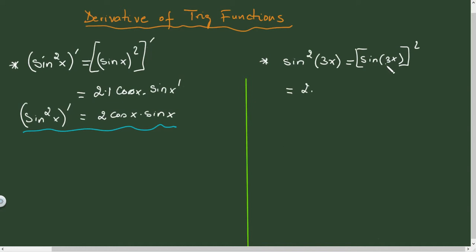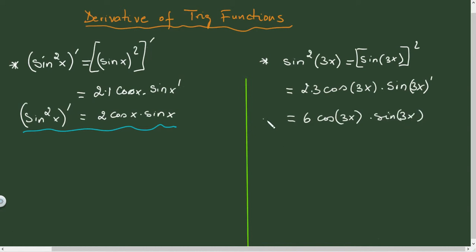The derivative of the inside, 3x, is 3, and the derivative of sine is cosine. Then times sine of 3x with the power reduced to 1, which gives exactly 6 cosine of 3x times sine of 3x. That's the derivative, and this is our result.